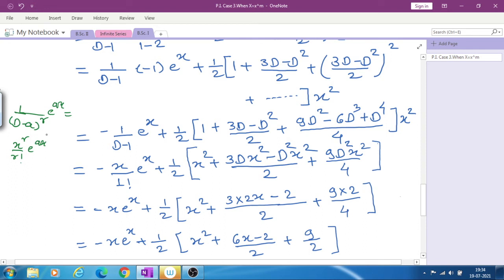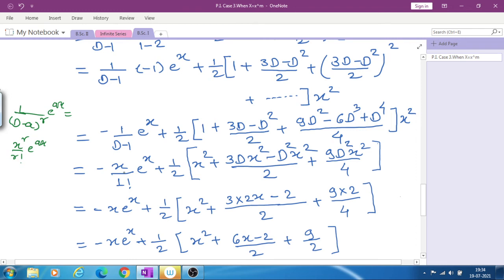This is our formula, if there is a factor D minus a due to which f(a) becomes 0. Here the factor is D minus 1 only one time, so r is equal to 1. So the value is x raised to r upon r factorial, means x raised to 1 upon 1 factorial, that is only x.